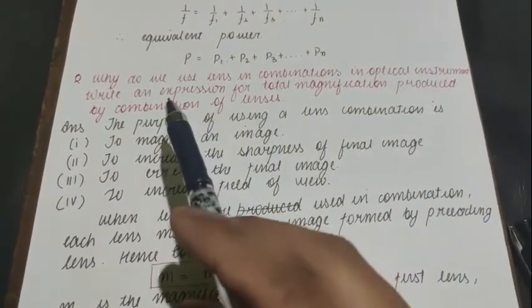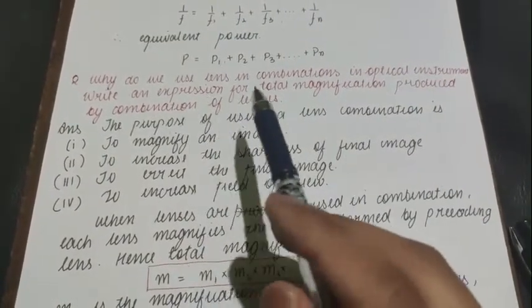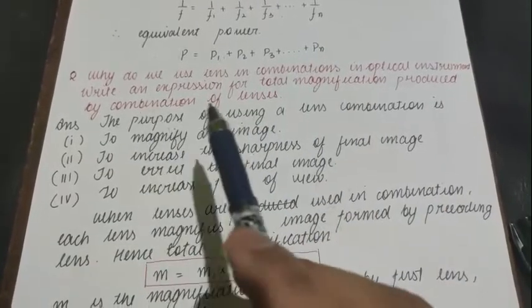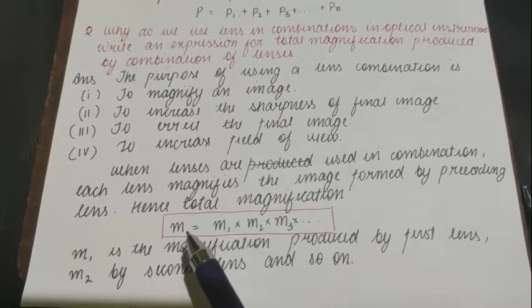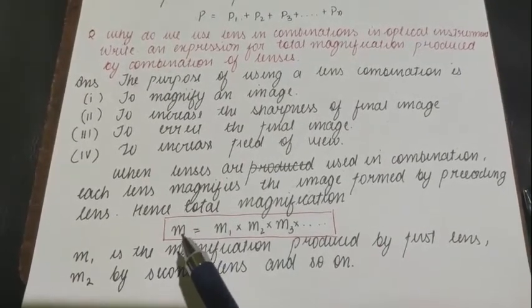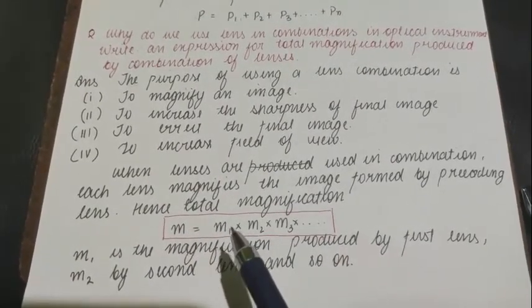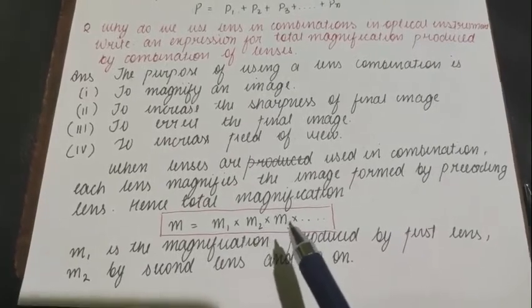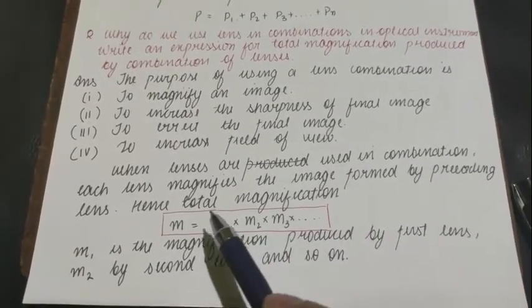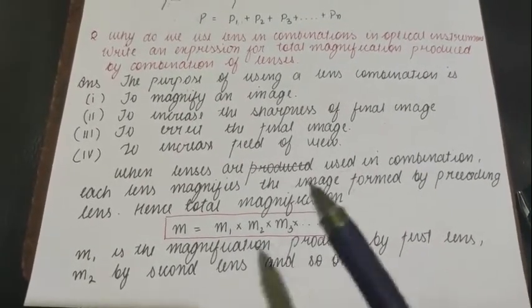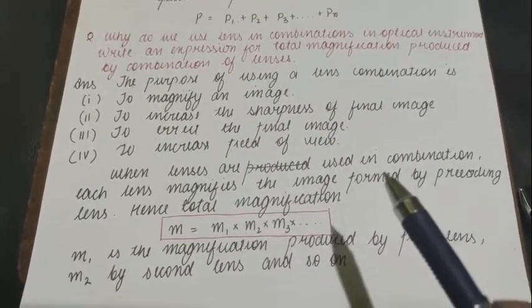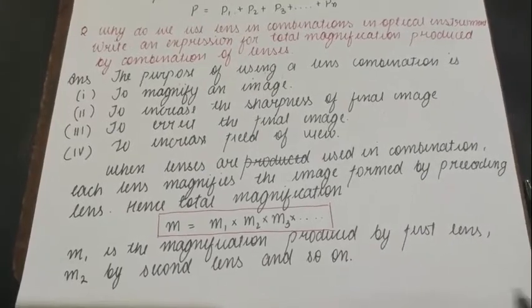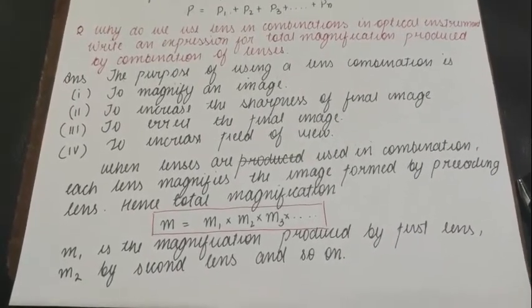Coming to the next part of the question, we will write down the total magnification produced by the combination of lenses. The total magnification produced, this small m, can be written as m equals m1 into m2 into m3 and so on, where m1 will be the magnification produced by your first lens, m2 by your second lens, and m3 by the third lens.